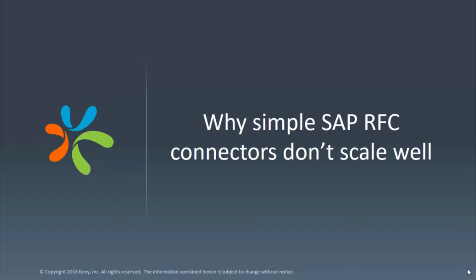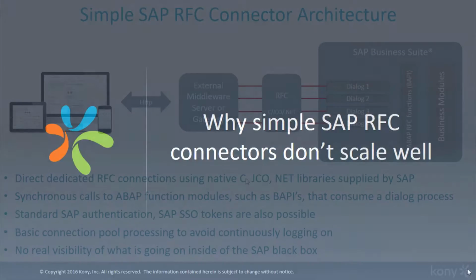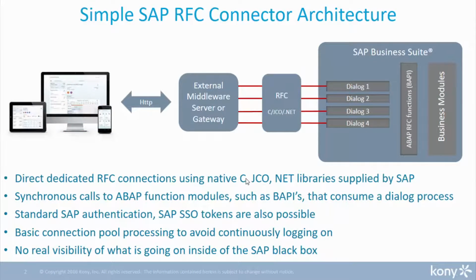Now let's look at what a typical RFC connector architecture looks like. An external middleware server uses the embedded C, JCO, or .NET libraries supplied by SAP to establish a direct synchronous connection with the SAP environment and call a specific function module or BAPI.